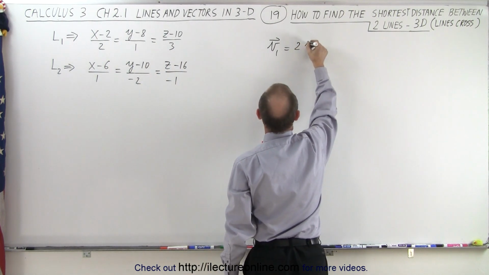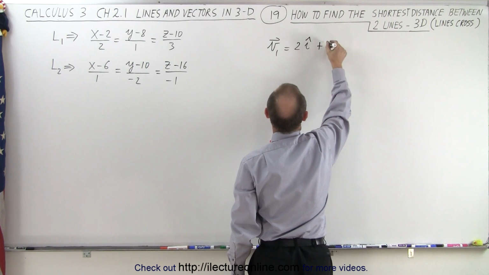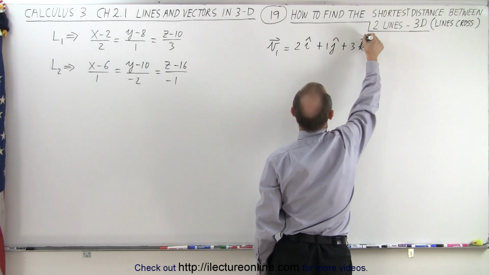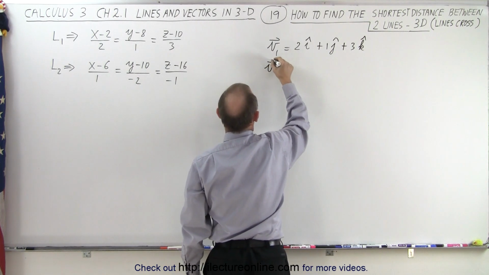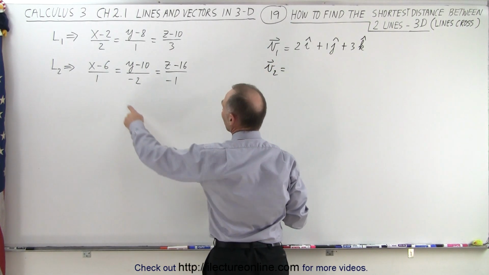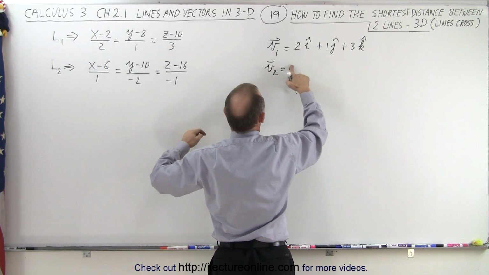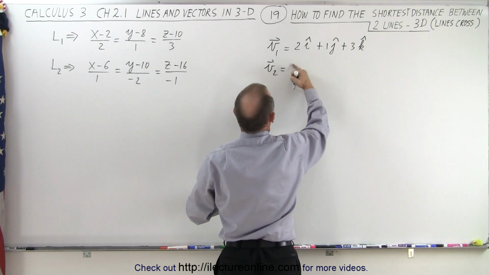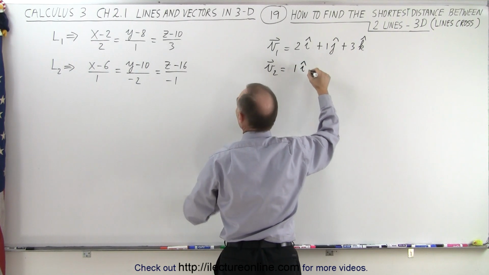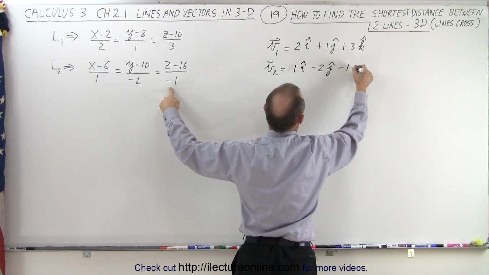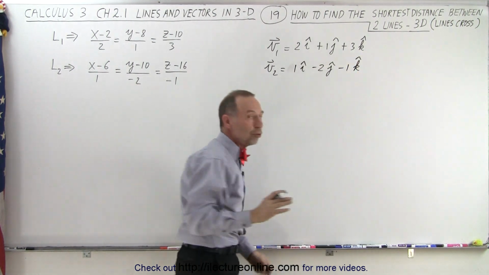So that's going to be 2i plus 1j plus 3k. And for the second vector, vector 2, the denominator is again going to be the component, so it's going to be 1i, minus 2j and minus 1k. There we go.